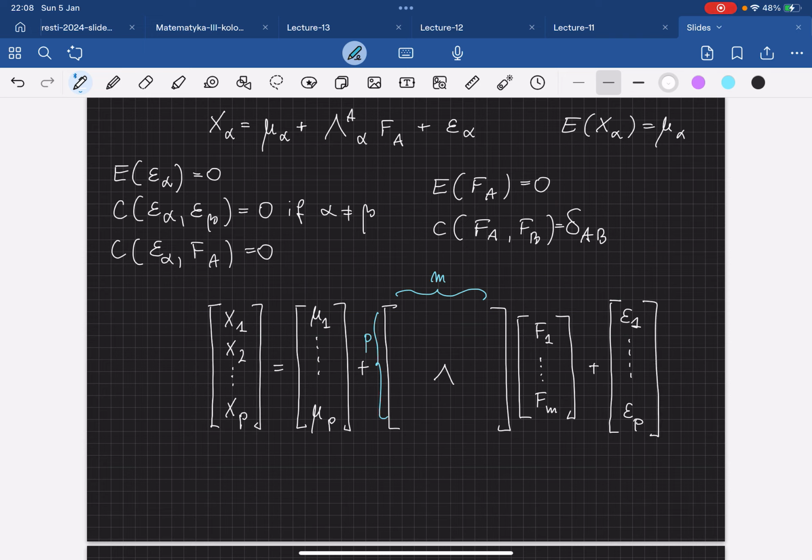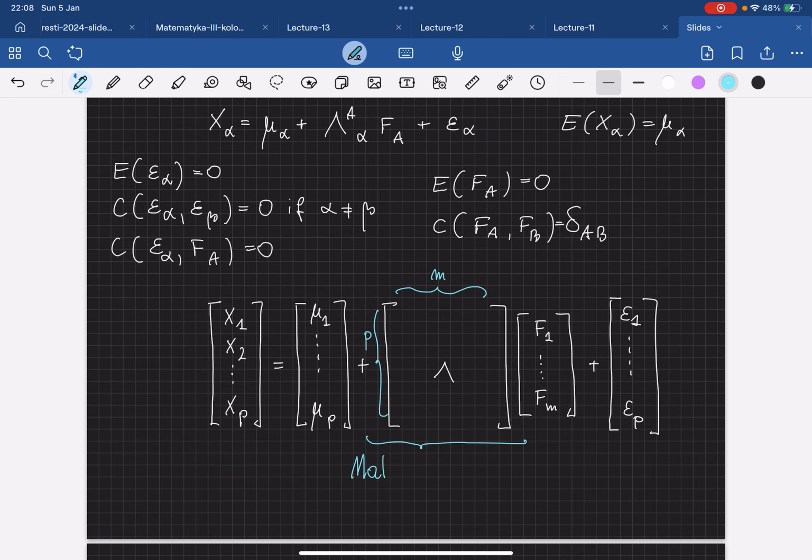So this crucial matrix in our analysis, the lambda matrix, which is called the matrix of loadings, is the matrix that has p rows and m columns.